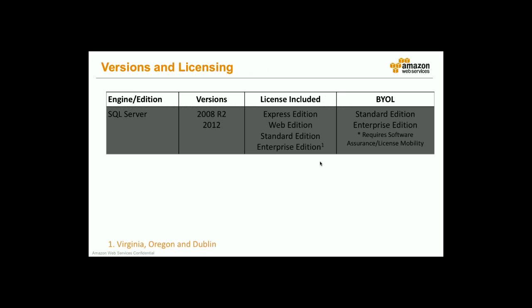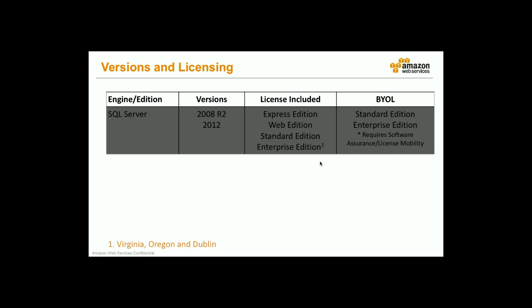Now, some of the things that we offer: for SQL Server 2008 R2 and 2012, we support all of those products under license included. You'll see there the little note against Enterprise Edition, in that we don't do license included outside of those 3 regions down below, which are Virginia, Oregon, and Dublin.